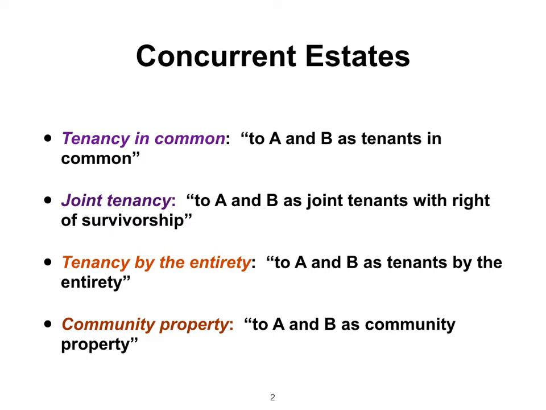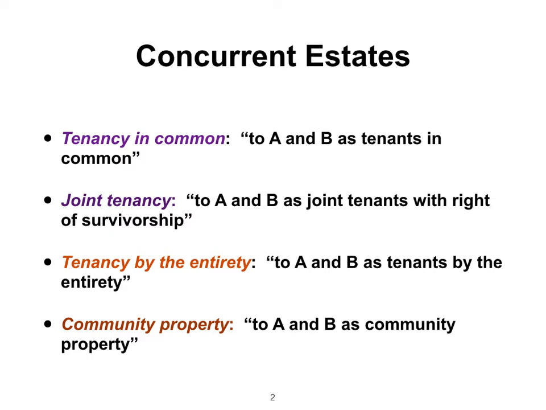But when you have a joint tenancy, the joint tenant has a right of survivorship, meaning that if A and B are joint tenants with right of survivorship, then if A dies, A's interest in the property goes to B automatically, regardless of what will they have, etc. So B automatically becomes the sole owner of the property on A's death.